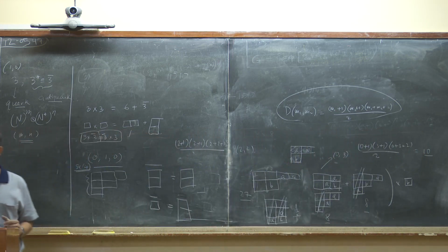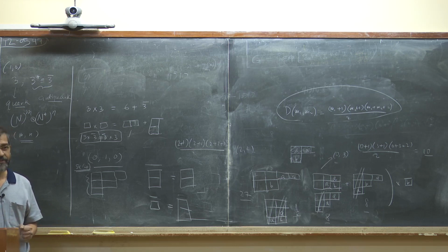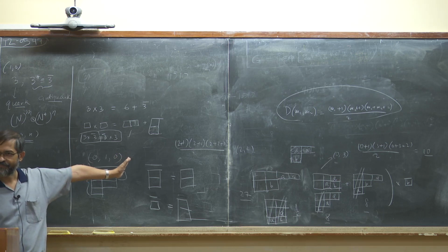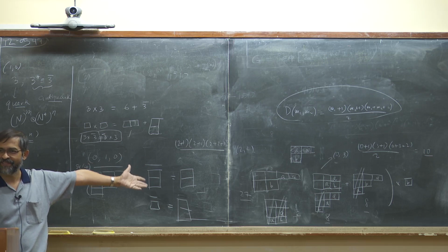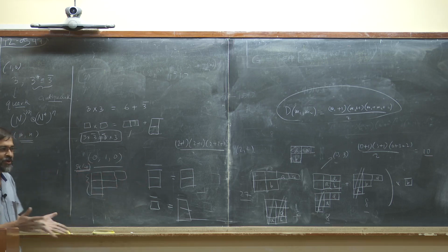You can read up the SO representations from Georgi's book. Today's stuff has an SU4 counterpart of whatever I did. Please work that out. I'm not formally placing these things as an assignment, but you know what to do.